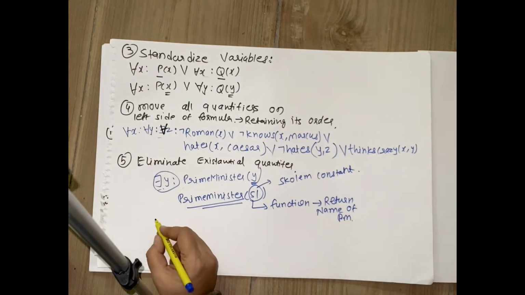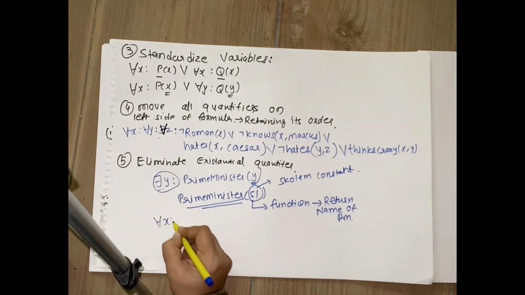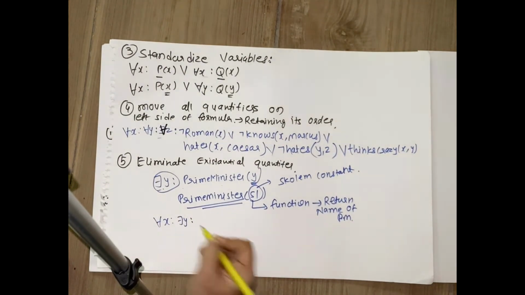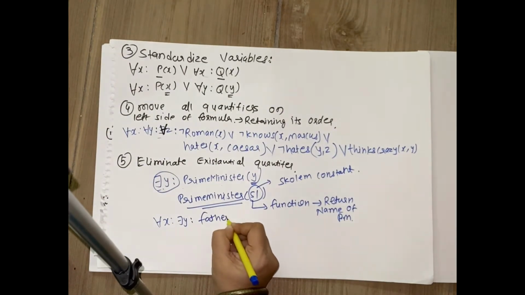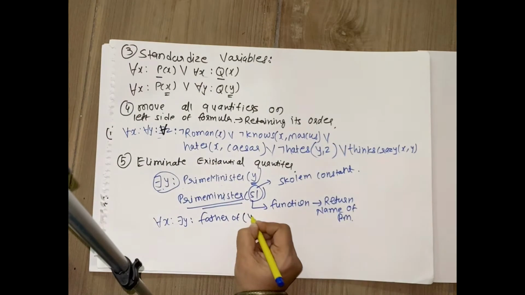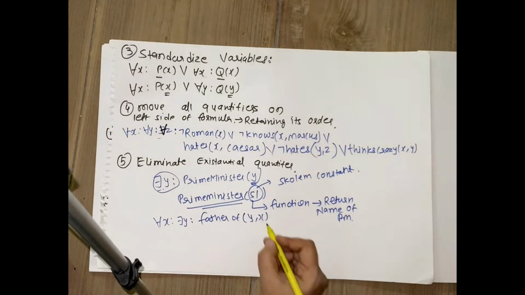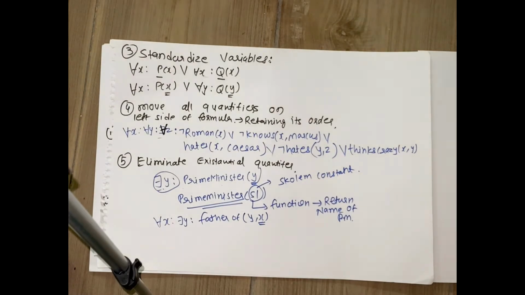But imagine you have something like this: for all x there exists y such that father of y comma x, means x is father of y. So the value of y depends on the value of x.